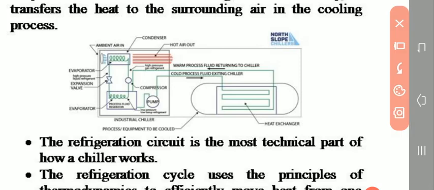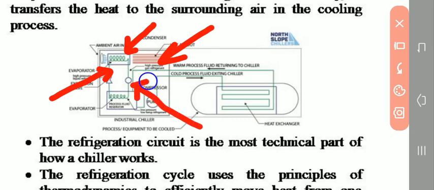First of all, now we shall see the construction of chiller plant. The chiller consists of a condenser, this is the condenser, and the evaporator. It consists of evaporator and hot air outlet, and a compressor. This is the compressor and the evaporator.